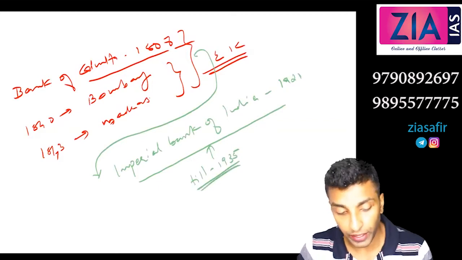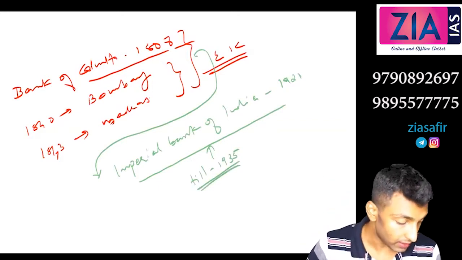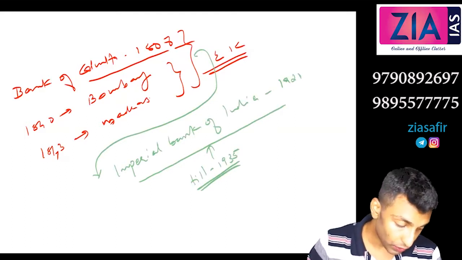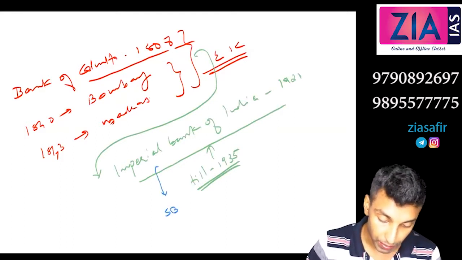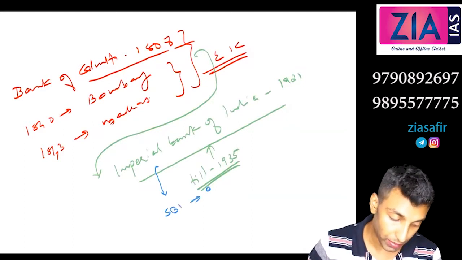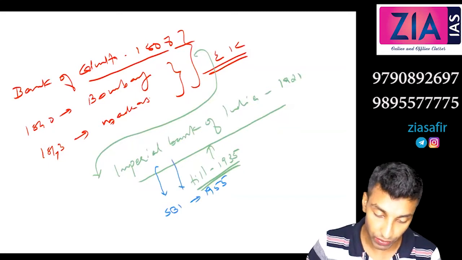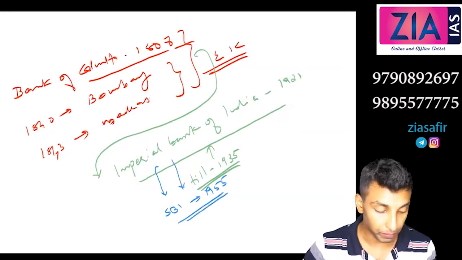After independence, this was restructured into SBI in 1955. So Imperial Bank of India was restructured into State Bank of India.